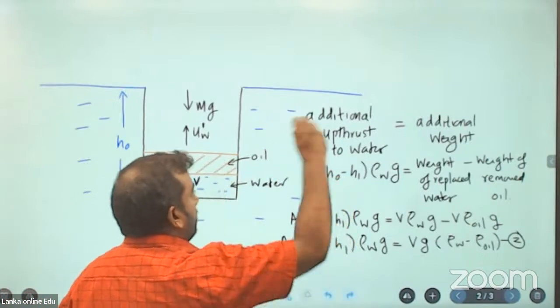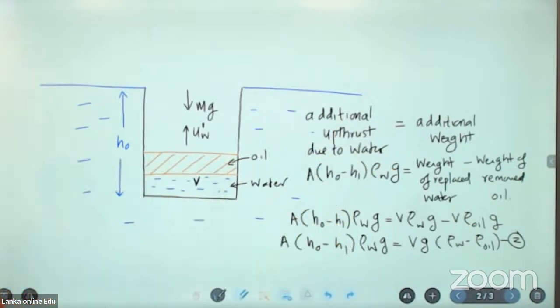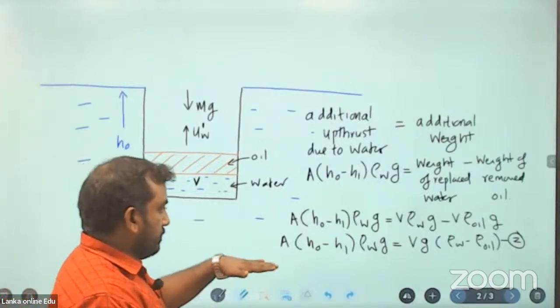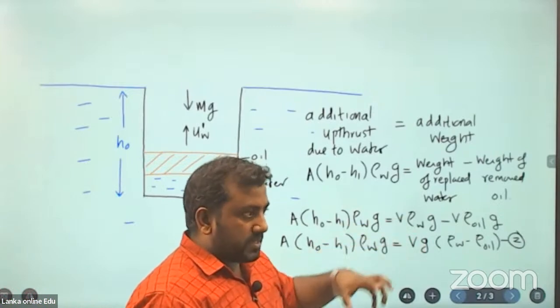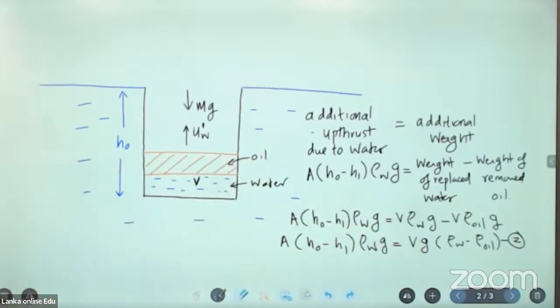Additional upthrust due to water equals additional weight. Then you can divide the equations and work around it. Quickly write.